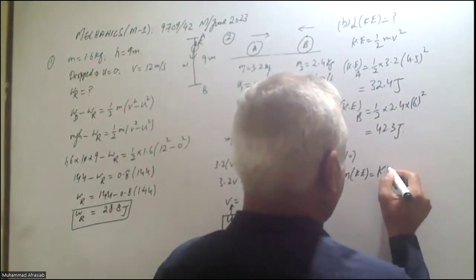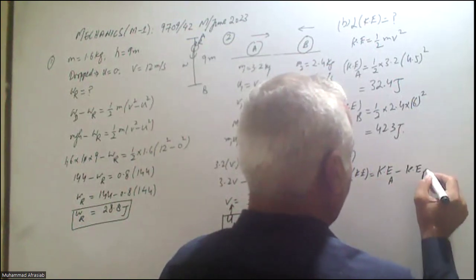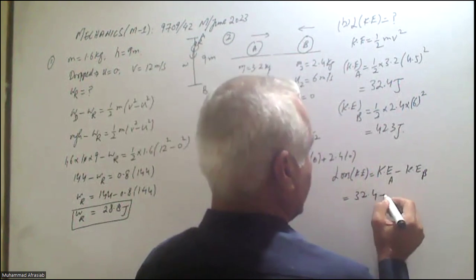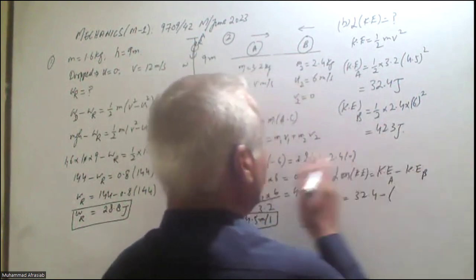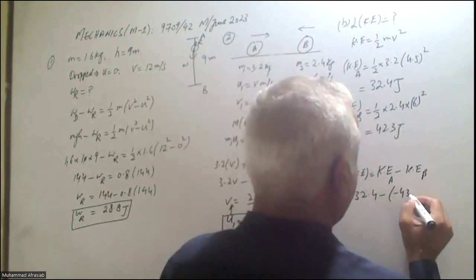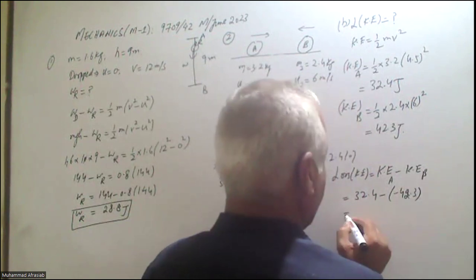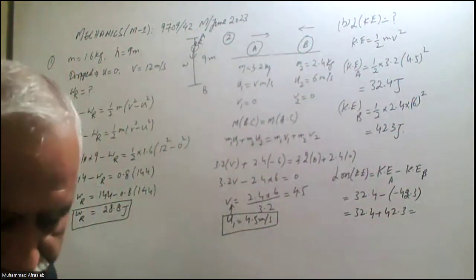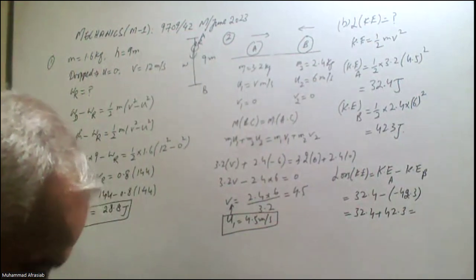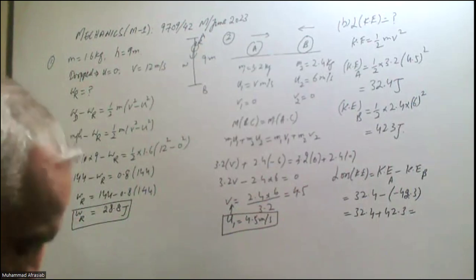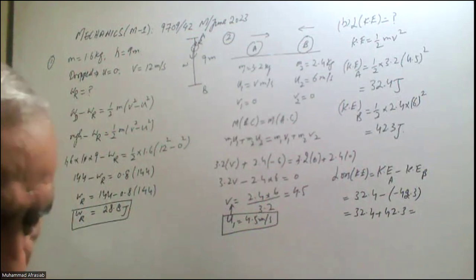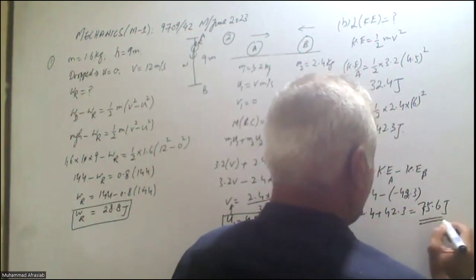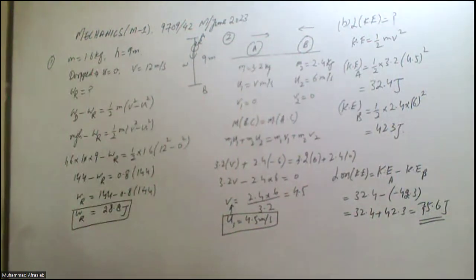That means kinetic energy of A minus kinetic energy of particle B. Kinetic energy of A before the collision is 32.4 minus kinetic energy of B, because it is moving towards A, so it should be minus 43.2, that is 32.4 plus 43.2, and that is equal to 75.6 joules. So this is the solution of question 2.